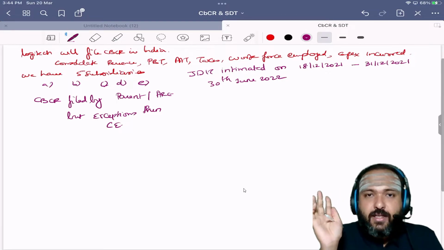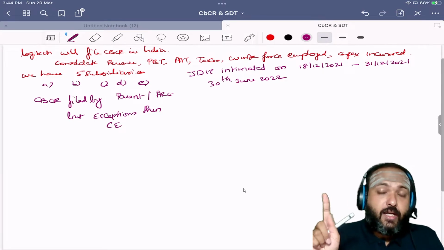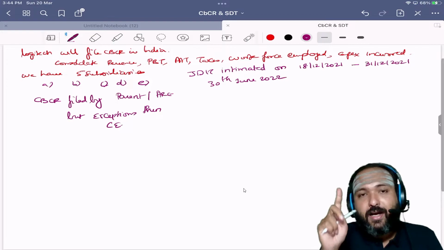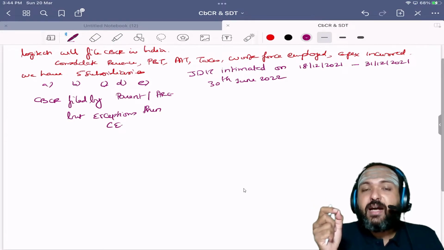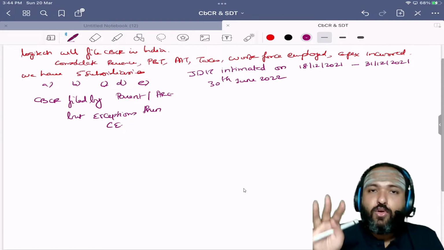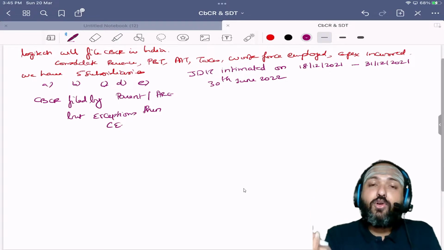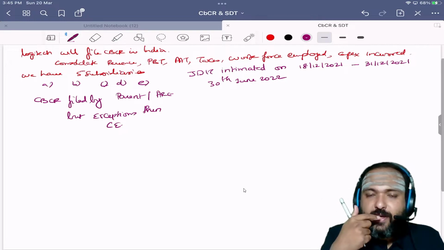So there are three cases where the constituent entity, though not the alternate reporting entity, will have to file CBCR. Generally, who will file CBCR? The parent entity or alternate reporting entity. There are three exceptional cases where the constituent entity will file CBCR in India. What are they? Case number one, the parent company is resident of a country in which CBCR reporting is not at all obligated. Therefore, there is no requirement for the parent to file CBCR, so the constituent entity will become liable to file CBCR.